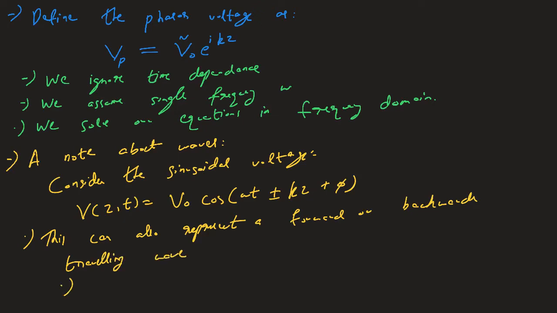And the idea is that if you have, let's say, omega t minus kz, then this is right moving in z.